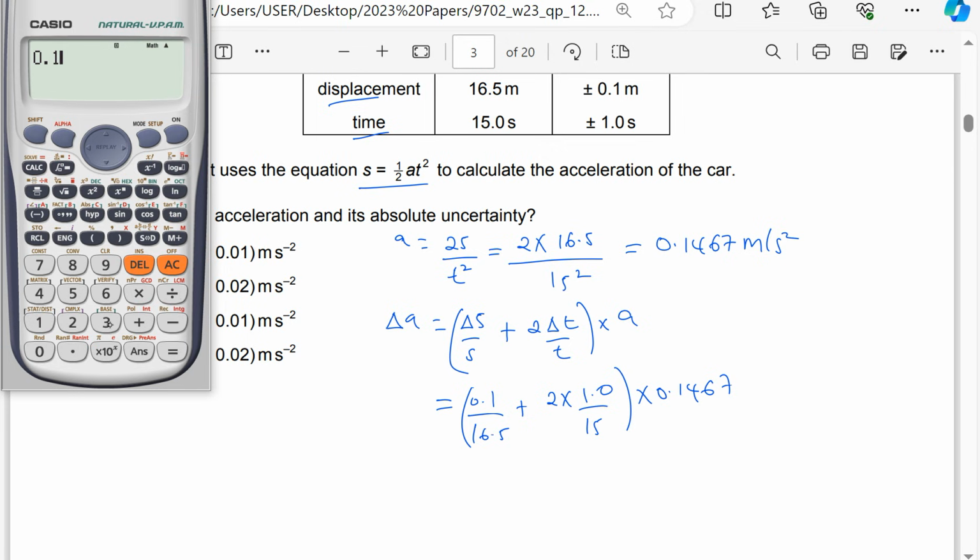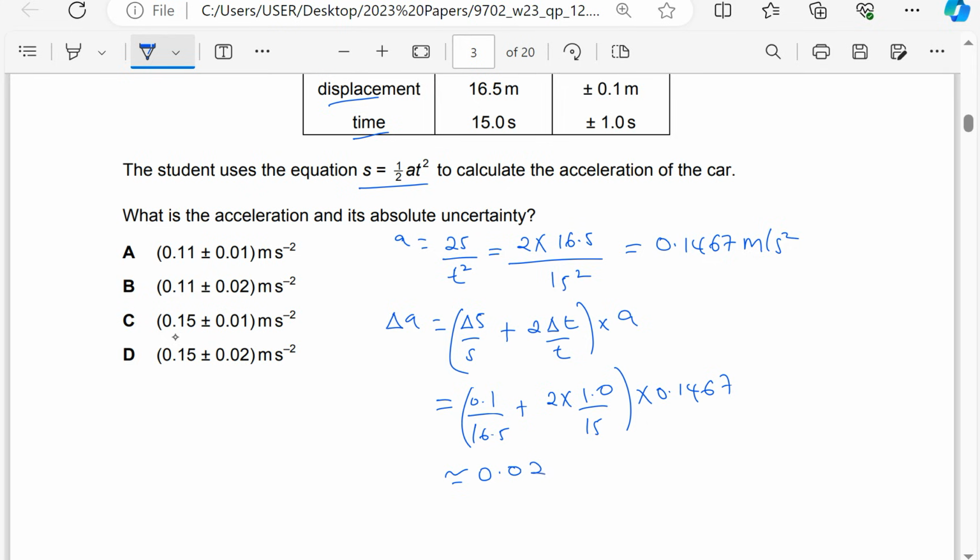Since it is just times 1, it is 2 divided by 15. Then I multiply by 0.1467. So this rounds off to 0.02, 0.022, just one significant figure. So it means A is wrong, B is wrong, C is wrong. The answer is going to be D.